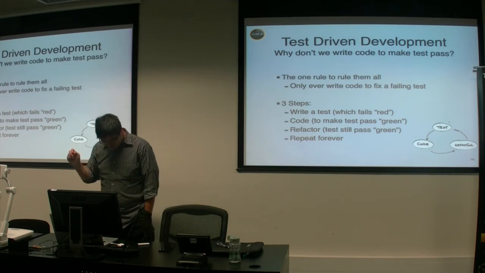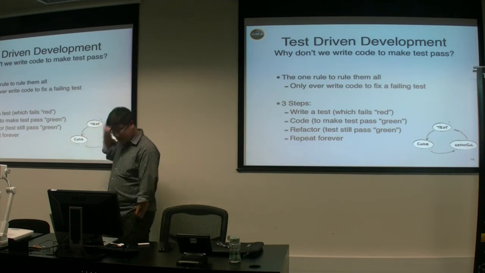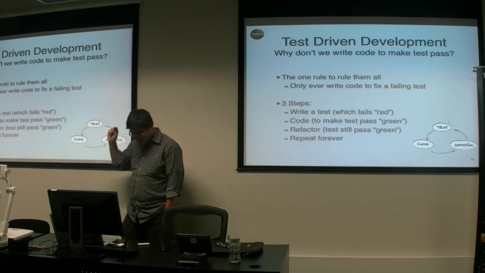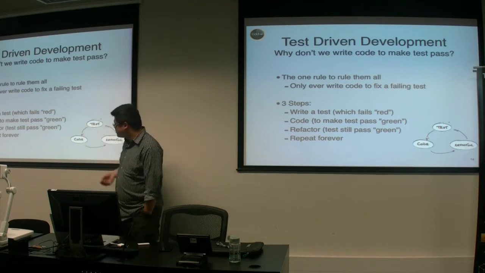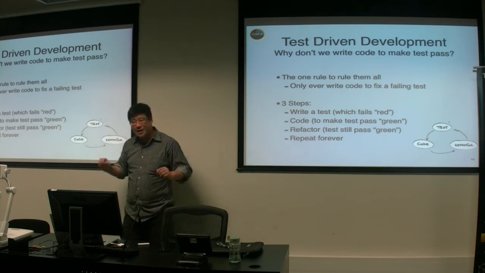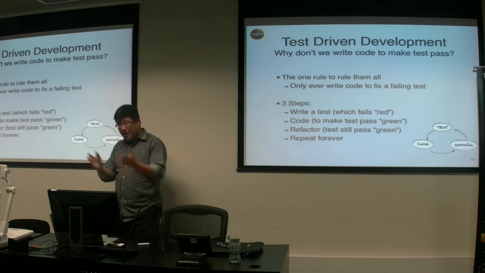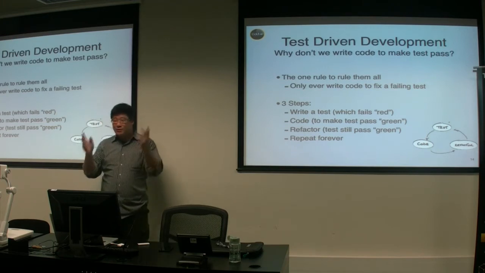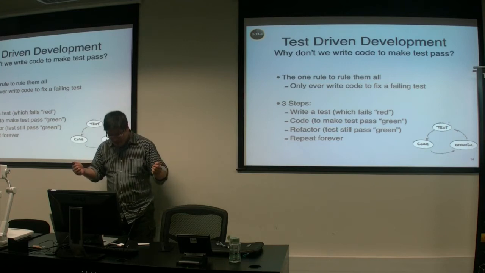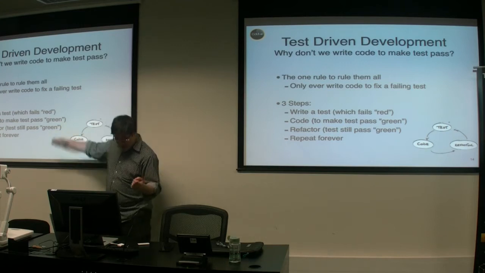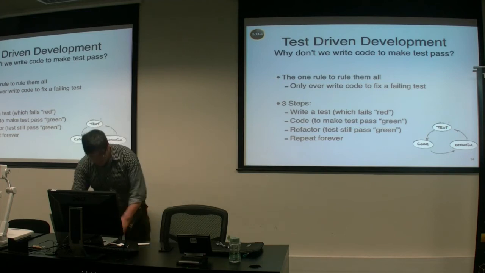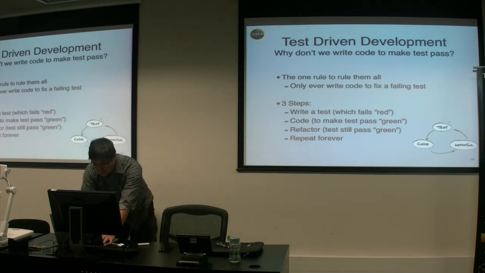Then you write just enough code to make it pass. Then refactoring refers to how you improve the code without breaking any tests. As long as the tests don't break, you know that you are safely improving the code. And then repeat this cycle. I still want to do a demo on what I mean by that.